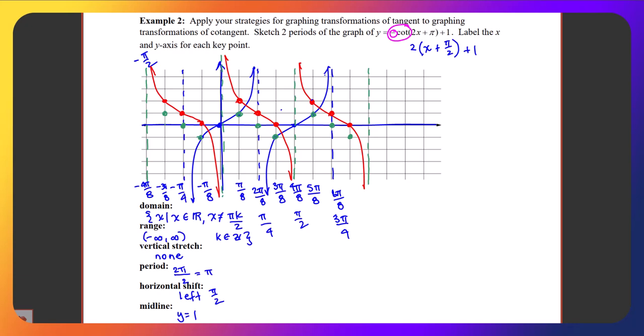So what I did first is I started with the tangent graph, which was here, here, and here, asymptotes here and here. We're not labeling the x-axis yet, but that's the general shape of tangent.